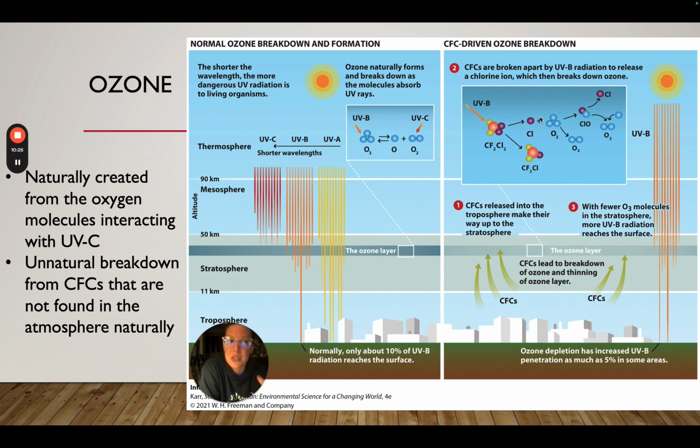So if CFCs were not released into the atmosphere, then we wouldn't have that unnaturally there. And CFCs were produced for good things. It was from aerosols, but also helping refrigerants and air conditioning units cool down, I think.